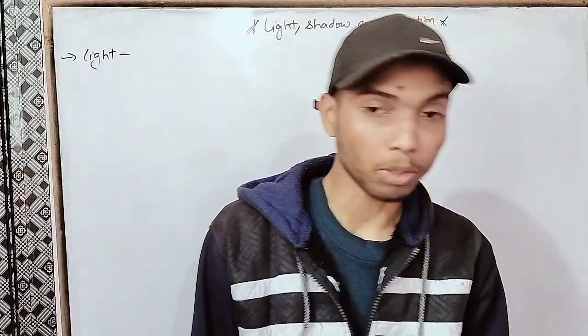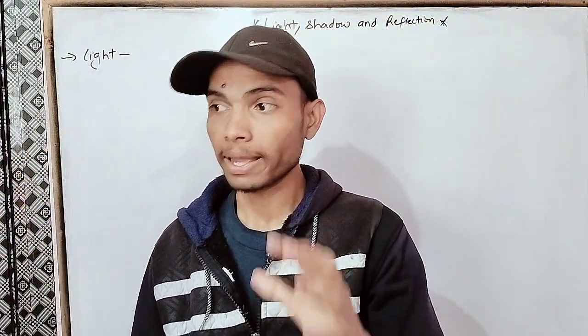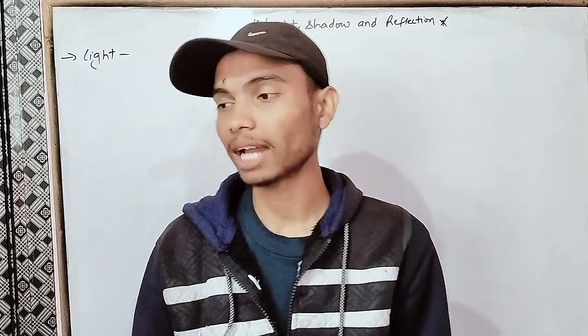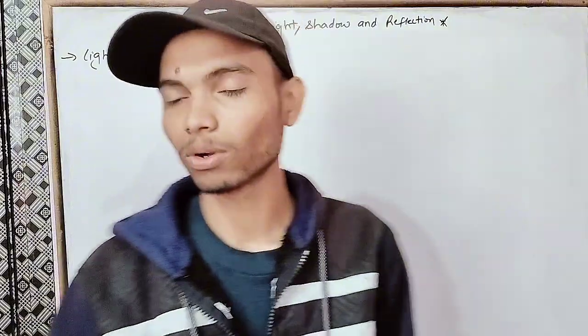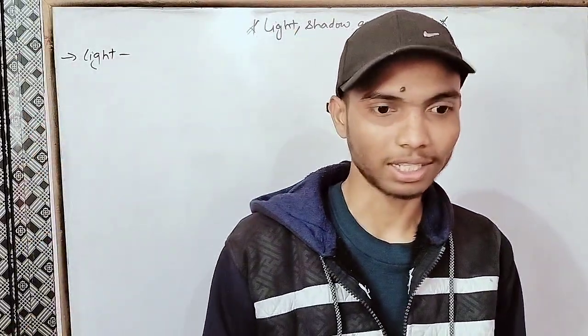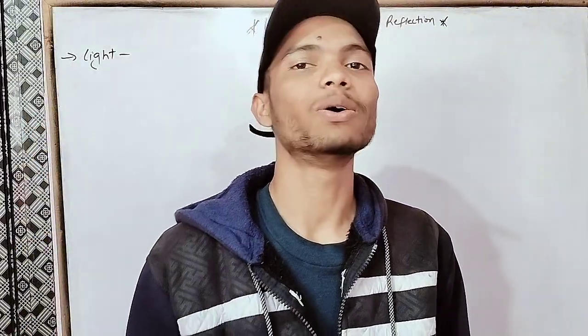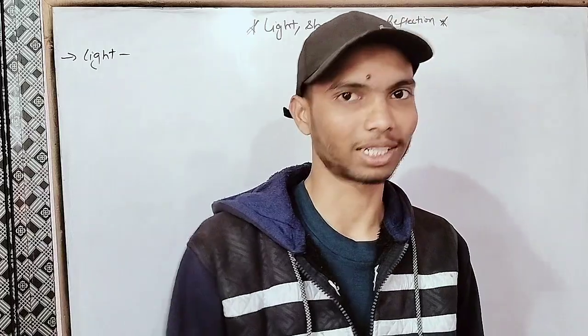All this is happening because of light. We can see because of light, we can touch because of light. First of all we look at the objects, then we do whatever we want to do with them.